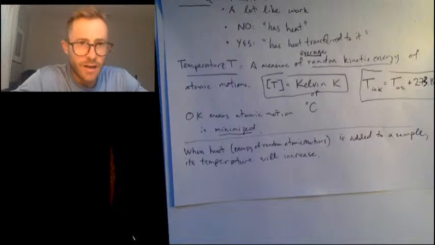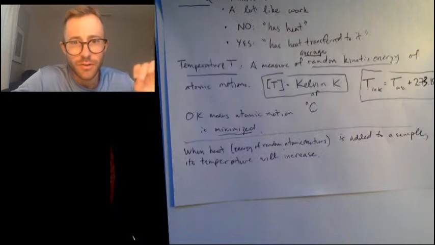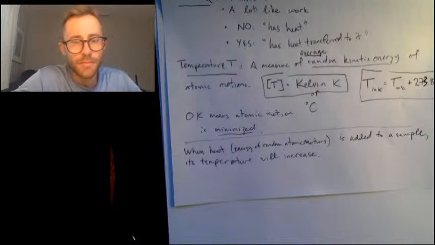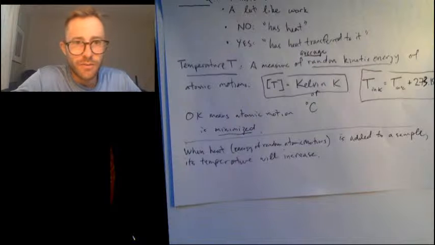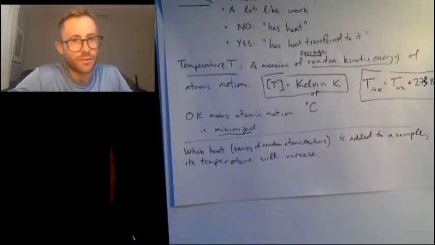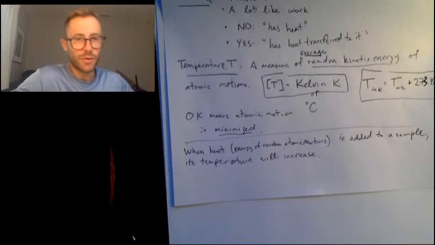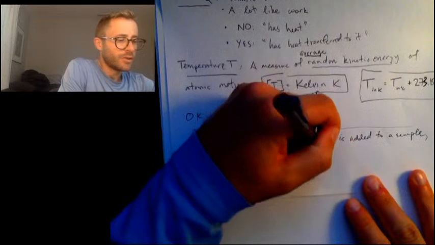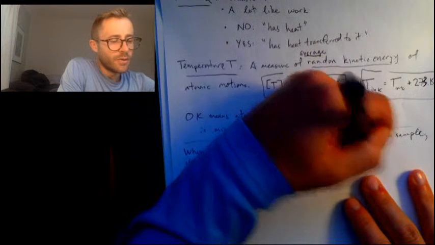When heat is added to a sample, its temperature, in most cases, will increase. However, if you have a phase change happening, so if you have liquid turning into a gas or solid turning into a liquid, then the temperature won't change. So for this first lesson, we are going to assume no phase change.